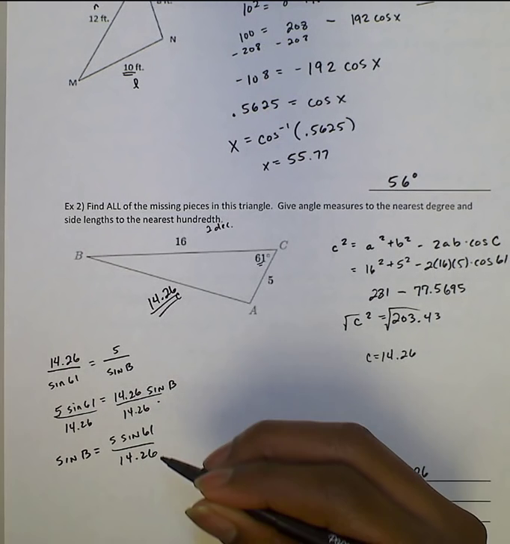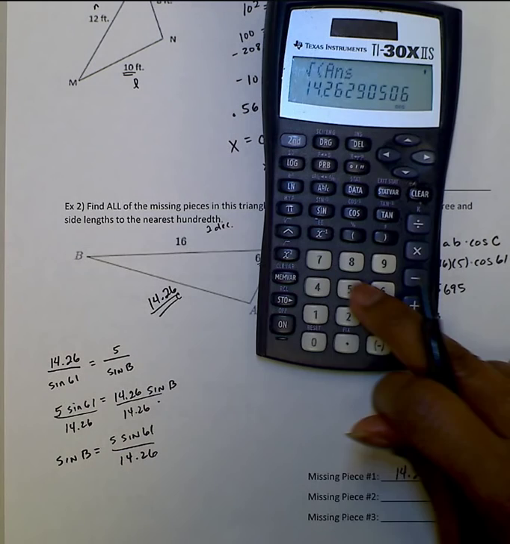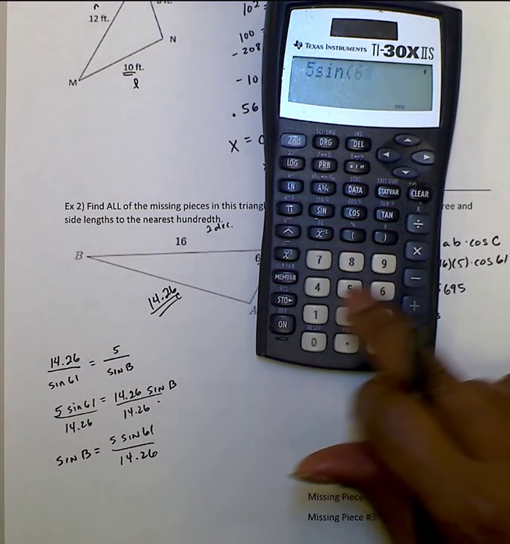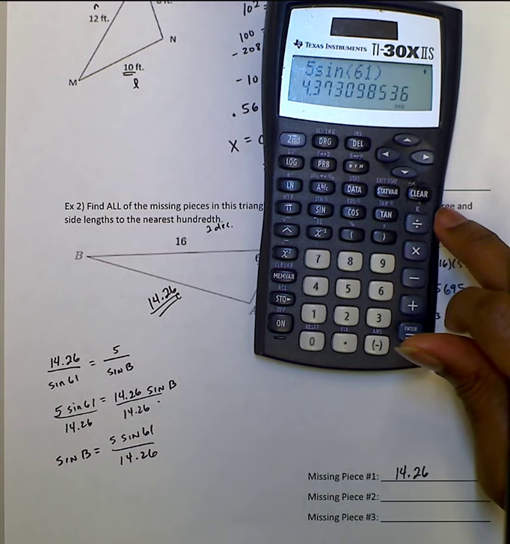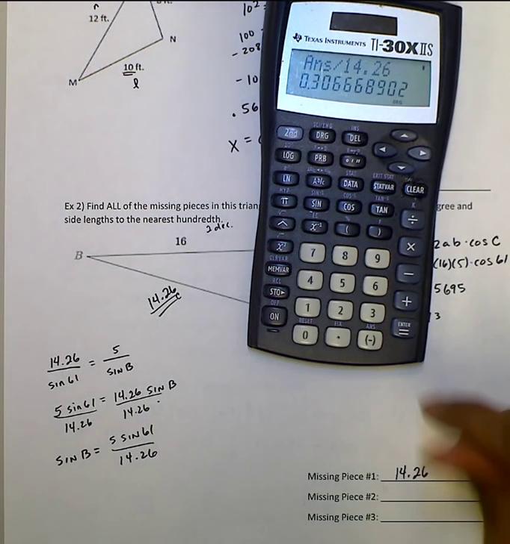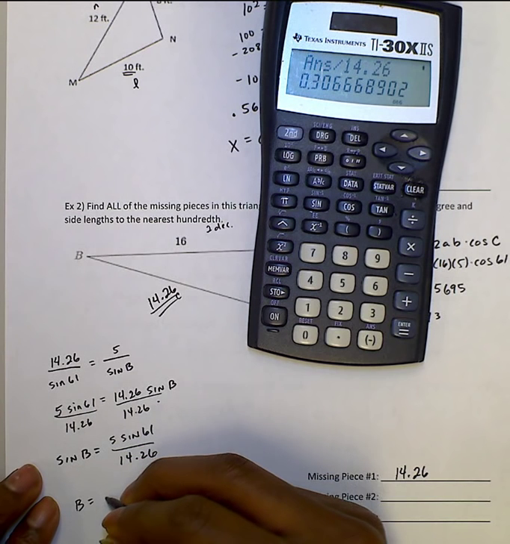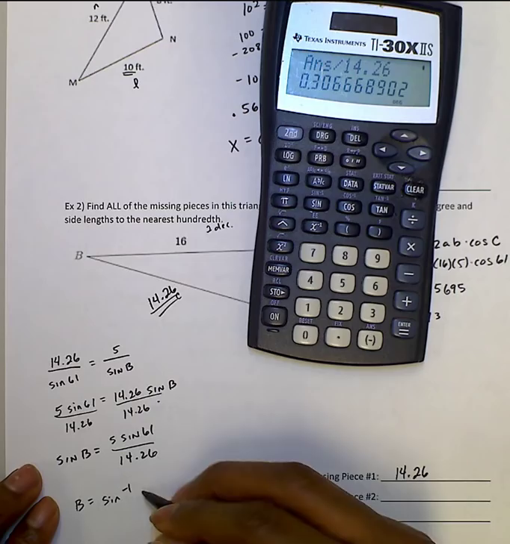Now I'm just going to do this in my calculator: 5 sine 61 divided by 14.26. Now to get b all the way by itself, I need to do the inverse sine. So I'm going to write that down, inverse sine of this number.